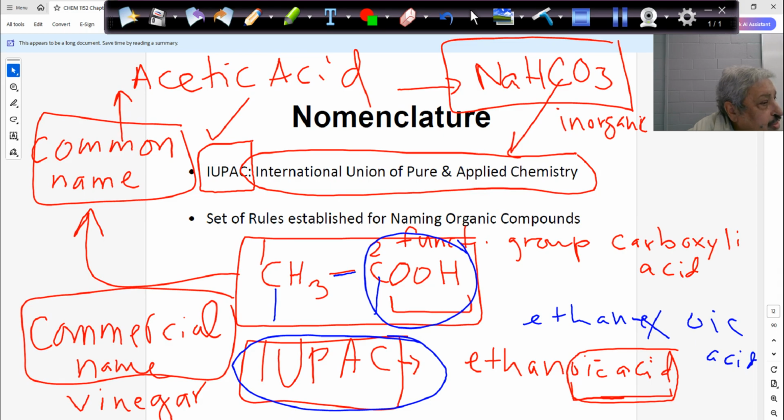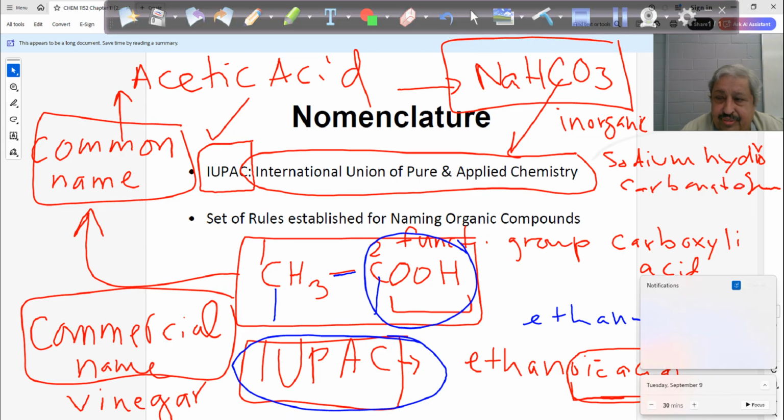IUPAC name. Sodium what? Sodium hydrogen carbonate. So this is sodium hydrogen carbonate, correct? That is the IUPAC name for this.